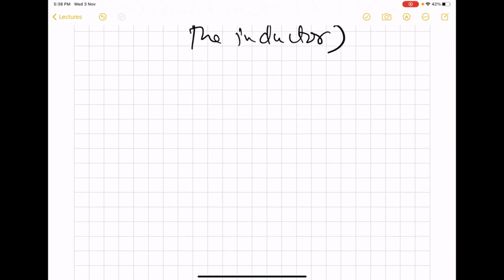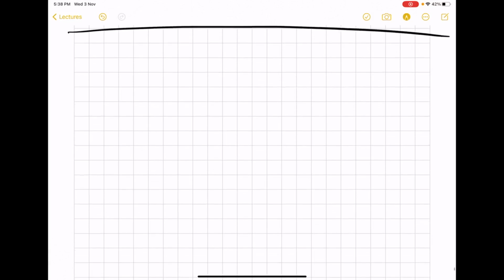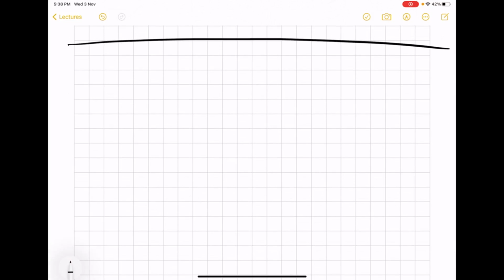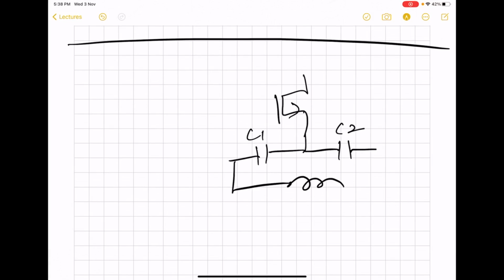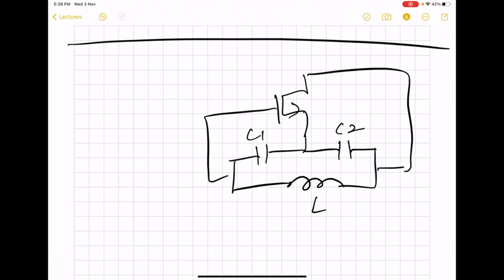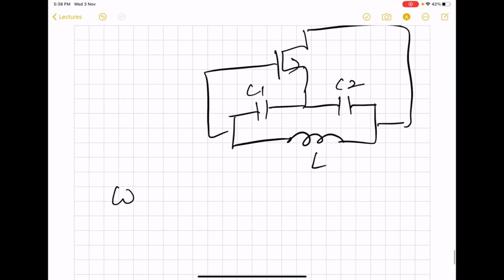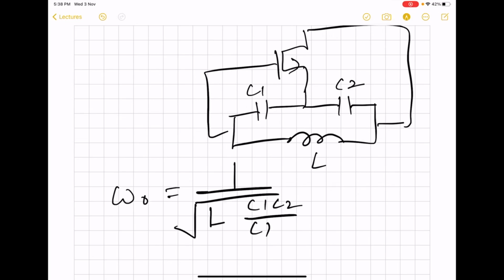We will now revisit the Colpitts oscillator for the lossless case, and we will point out one issue with that circuit. So here we have our Colpitts oscillator, lossless case. And for this case, we found the oscillation frequency to be equal to 1 by square root of L C1 C2 divided by C1 plus C2.